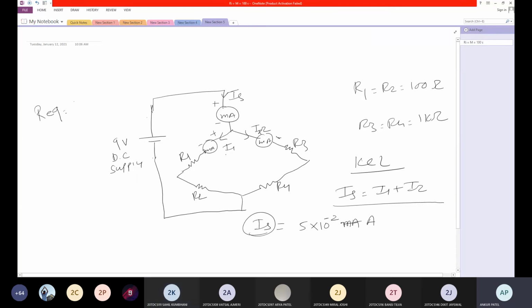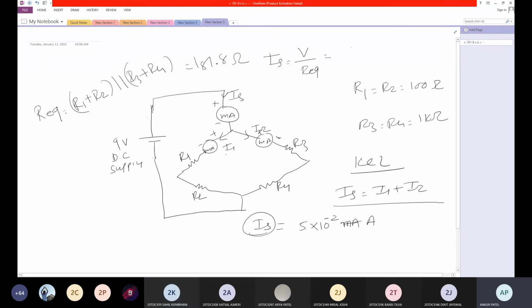R1 plus R2 parallel to R3 plus R4. Tell me the R equivalent value. 181.8 ohm. Now, after finding R equivalent, IS is equal to V upon R, so IS is V by R equivalent.